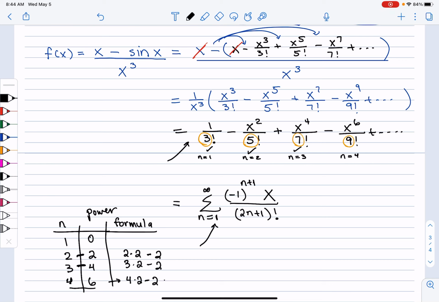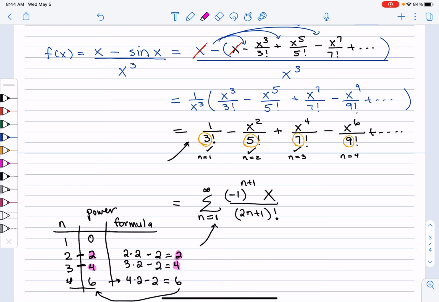So you see, going back, 8 minus 2 is 6, and that gives you the same number. 6 minus 2 is 4, and that gives you the same power. 4 minus 2 is 2, and again, I apologize for the dogs.